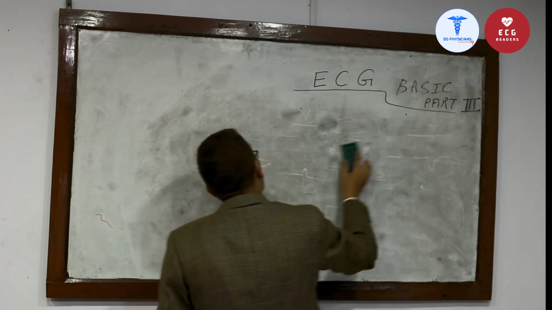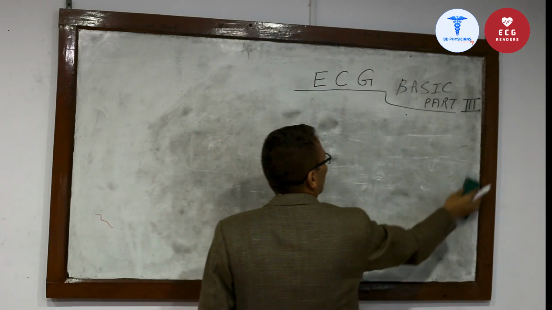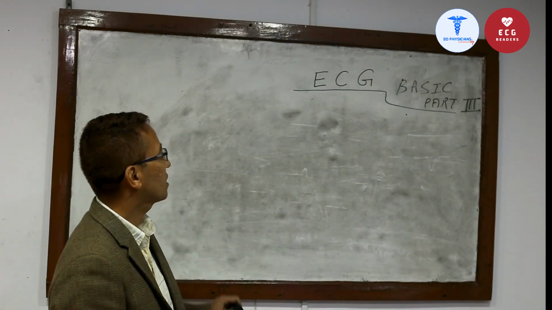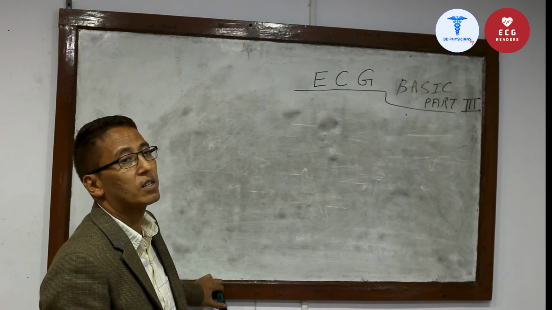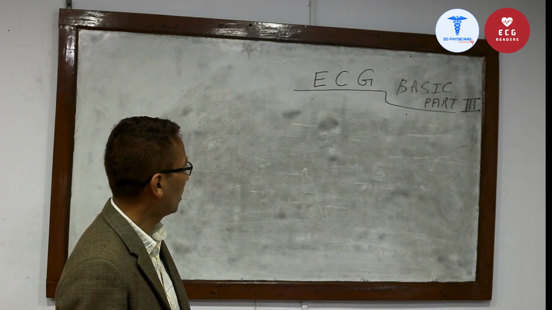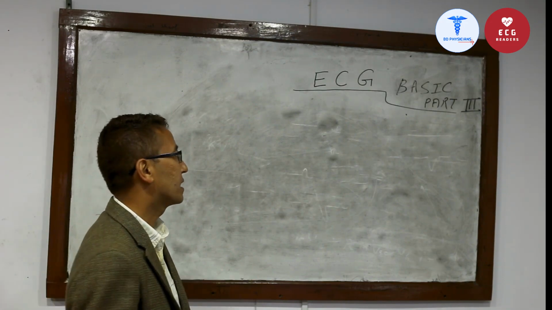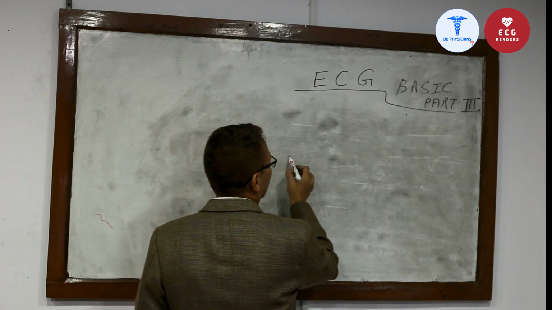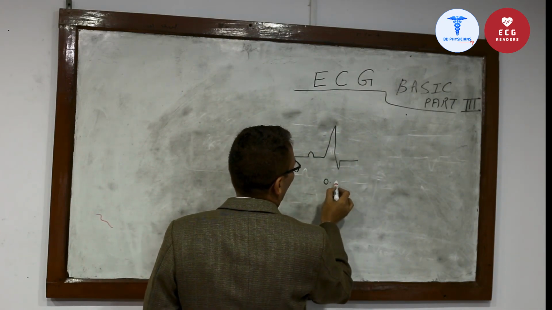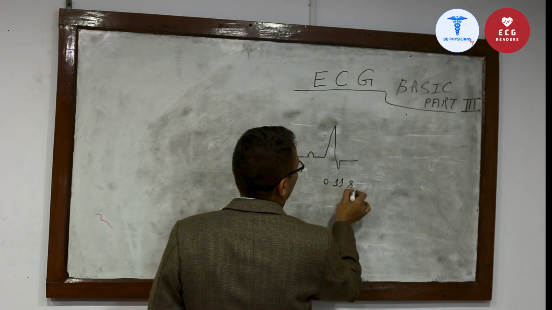So we have talked about the normal figure of the QRS complex, poor progression, low voltage QRS complex, and tall QRS complex. Now we'll talk about the width of the QRS complex. The normal width is up to 0.11 second.